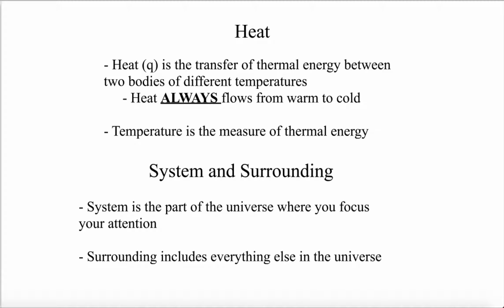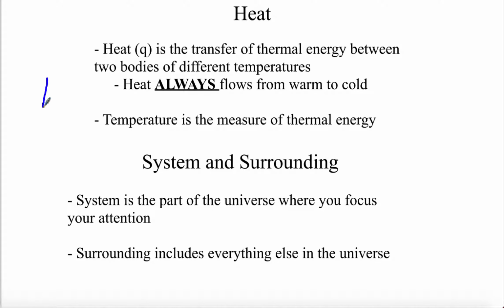So the heat will travel from something that's hot or warm into something that's cold. It radiates outward in all directions. So if I have something that's hot, like a hot piece of rock, the heat is going to go out in all directions. It's not going to be specific to any one thing.